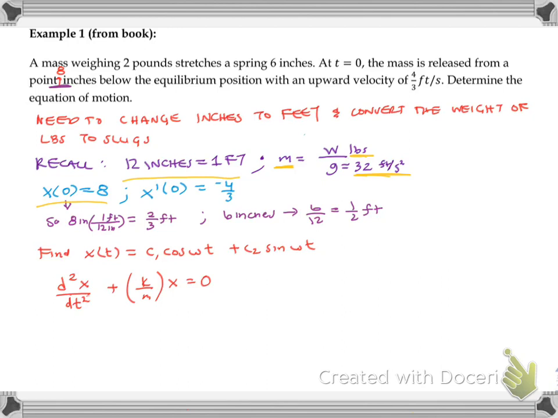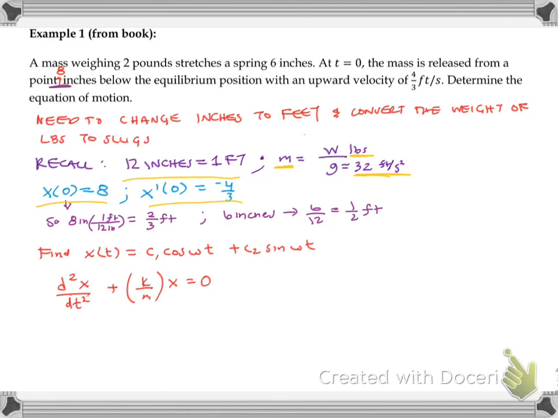If it's an upward velocity, then it's going in the opposite direction. So therefore, x prime of 0 is negative 4/3. It's going against the mass going down, and so there's that negative 4/3. Okay, so we have that initial information, and it's really important to make sure you understand how to set that up.